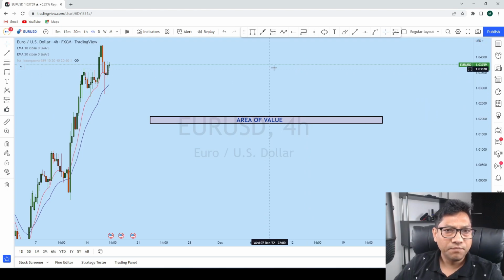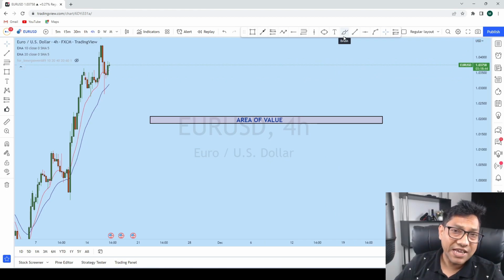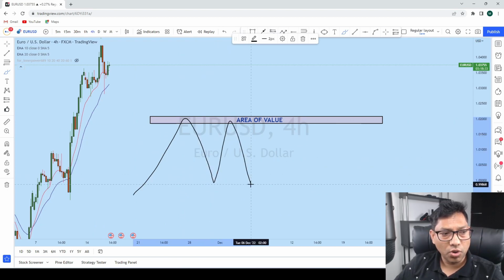What is an area of value in the first place? An area of value is a level that has been tested multiple times in the past. For example, the price came here, bounced from this zone, came back down again, came here again, bounced from that zone, creating an area of value.